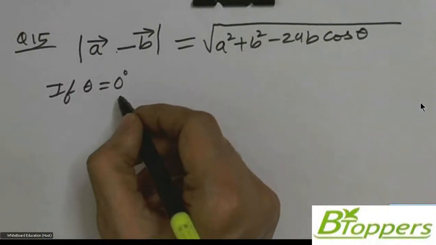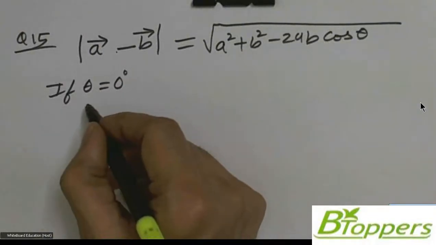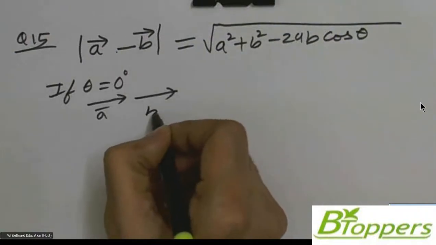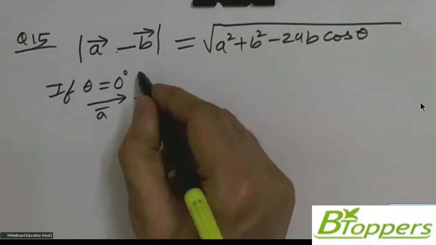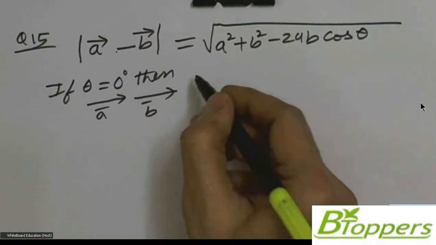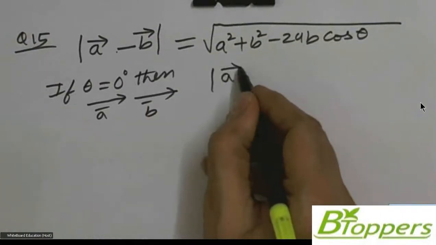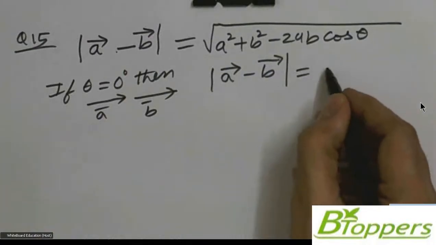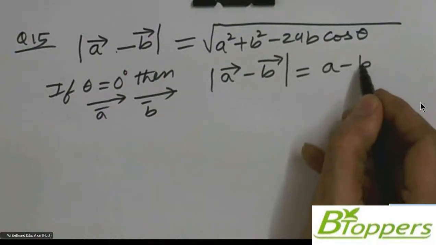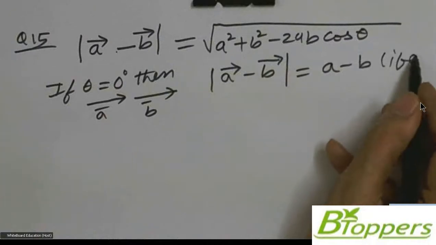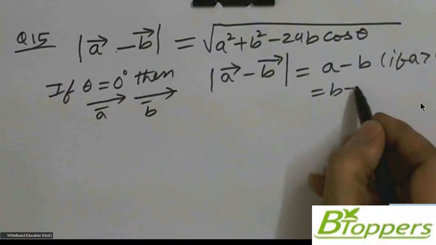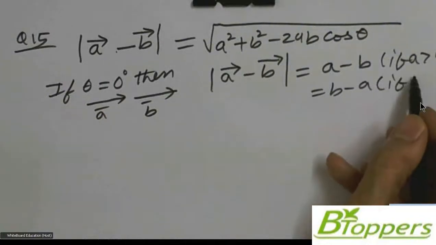Theta between the two vectors is 0 degrees, that is when the two vectors a bar and b bar act in the same direction. Then you can substitute theta equal to 0 degrees and check. You get mod of a bar minus b bar equal to a minus b if a is greater than b, or b minus a if b is greater than a.